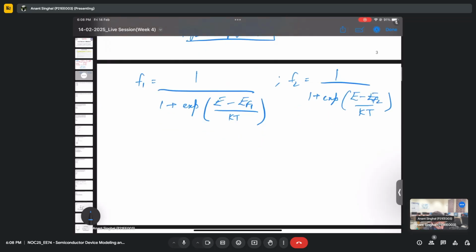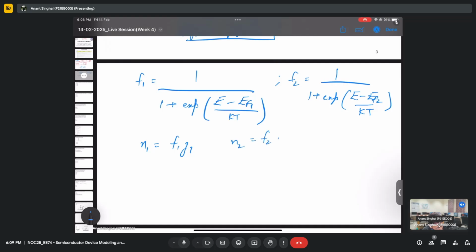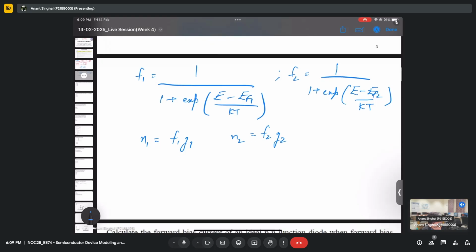And as I said, the electron concentration N1 for the first material is nothing but F1 G1, and for the second material it is nothing but F2 G2. The density of states times the Fermi probability gives the electron concentration. Similarly, can anyone tell what the hole concentration will be in terms of F1 and G1 only?